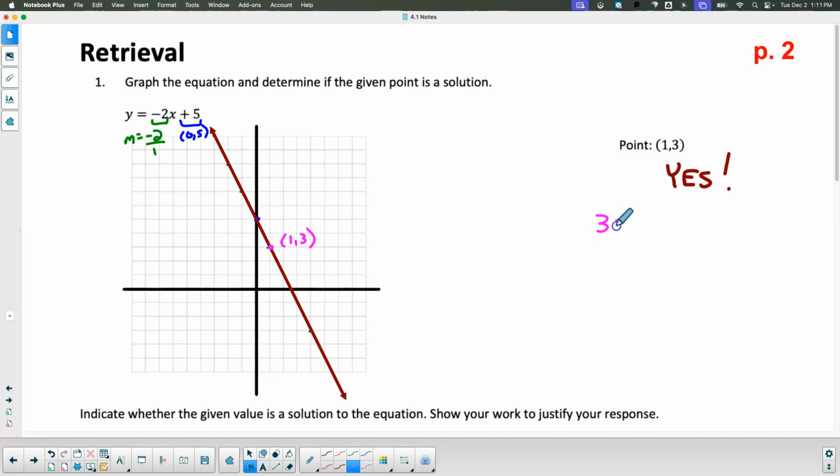So we'd get 3 equals -2 times 1 plus 5. And then we need to simplify that until we get a true or a false equation. -2 times 1 is -2. -2 plus 5 is 3. 3 is equal to 3, so that is a true statement. That would be another way of proving that that point is on the line.